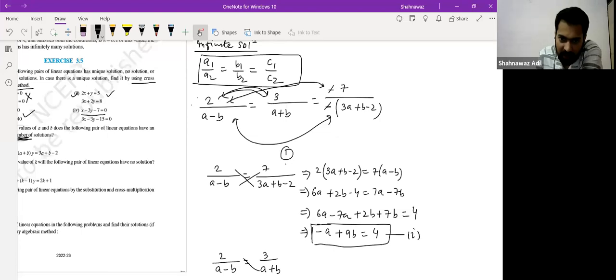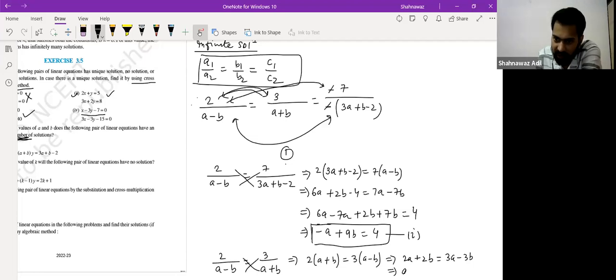So cross multiplication, we will get 2a plus 2b and 3a minus 3b. So this will be 2a minus 3a, so minus a equals 2b, and this goes here, so minus 5b.